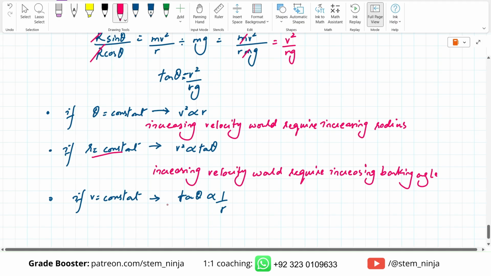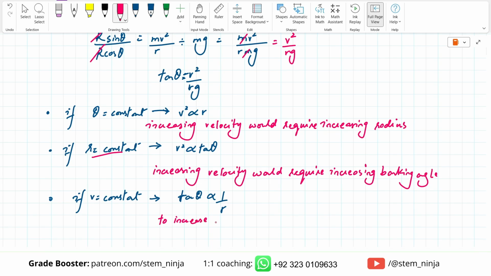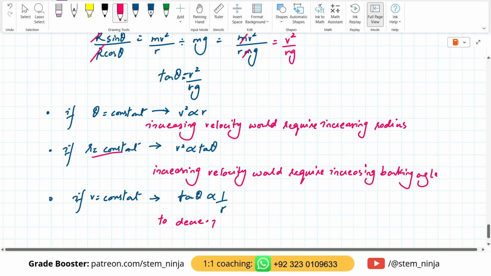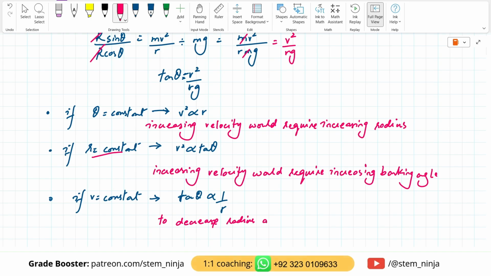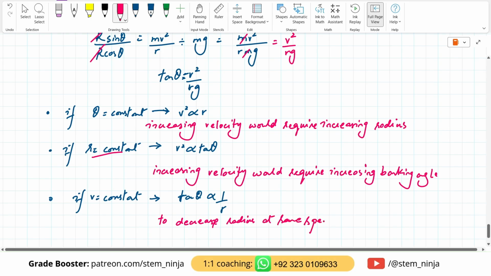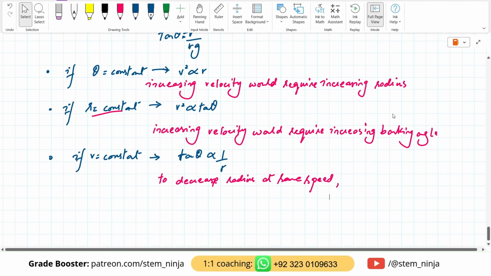This would mean that to decrease radius at the same speed, a higher banking angle would be required.